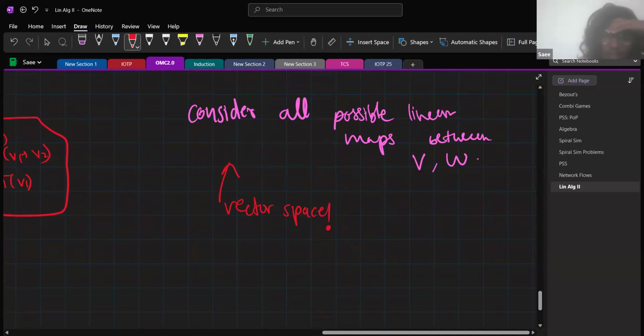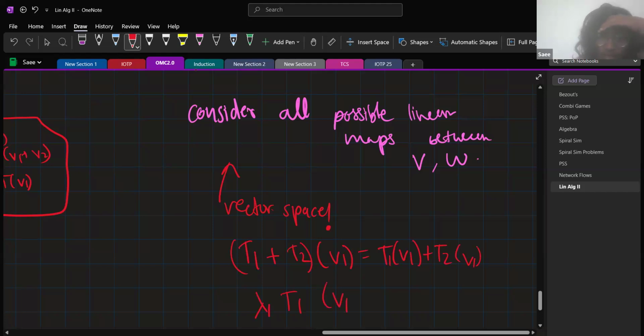So how am I defining things? If I have two maps T1, T2, I'm going to say the function T1 plus T2 takes any v to wherever T1 takes v plus wherever T2 takes v. And lambda T1 should also be another function; I'm just going to define it as multiplying T1 of v by lambda. The function T1 plus T2 is defined as the function that adds these two things.